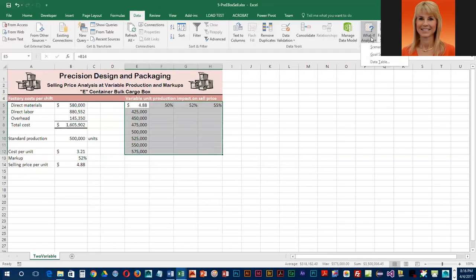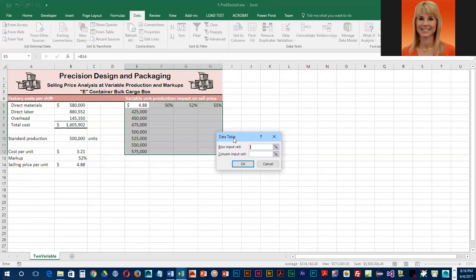It's when we get into data table here where it gets a little trickier. So when we are looking at our rows, what we are varying is the percent. So that's pretty straightforward. So we can actually, for the row input cell, click right on the percent.